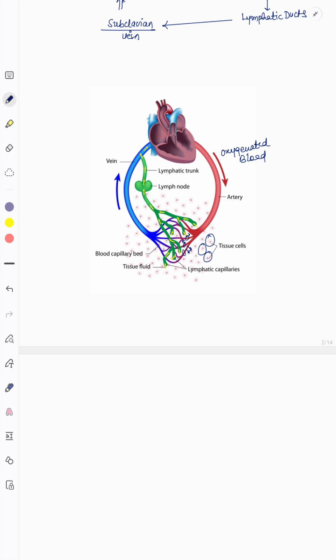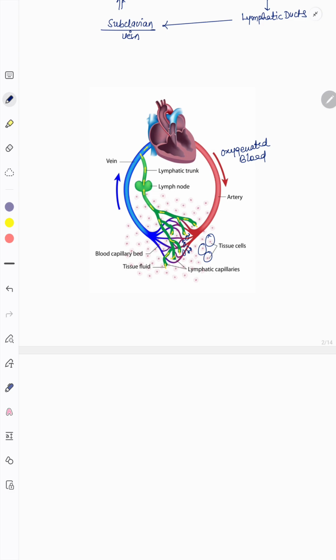Fluid leaks from these capillaries, accumulated in the tissues. Whatever is required, tissue takes up. Whatever is not required, all the waste products, toxins, tissue releases. From this, this tissue fluid is taken up into lymph capillaries. These are the very small lymph capillaries.